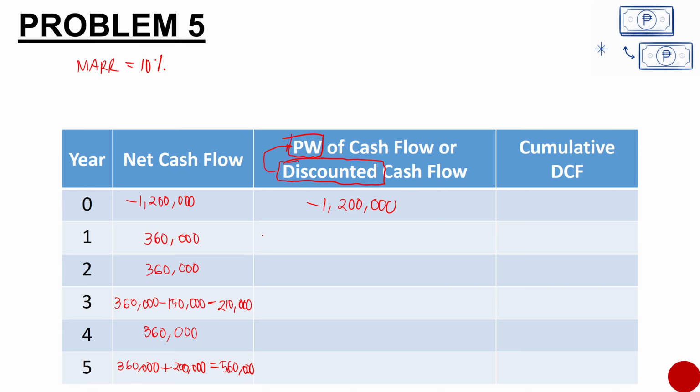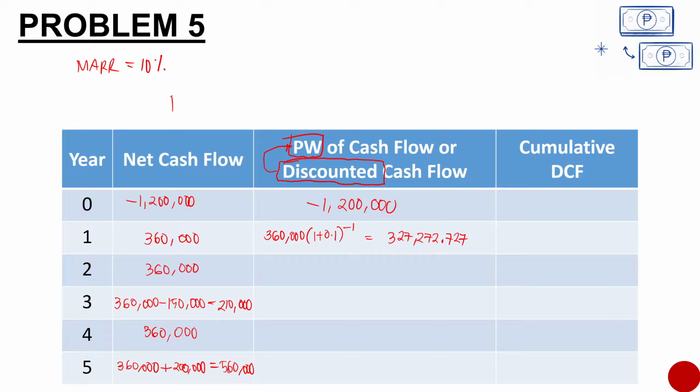So to discount, we are just going to get the present worth. The present worth is 360,000 pesos times 1 plus the rate, that is 10%, raised to negative 1. And this is an equivalent present worth of 327,272.727.